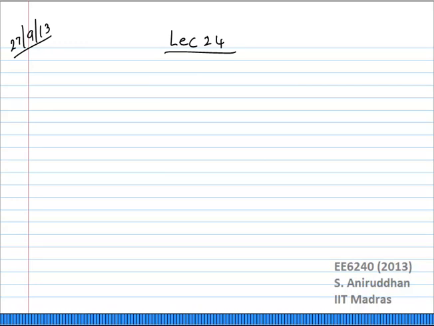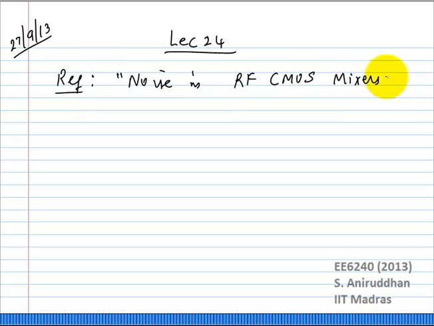So the reference for all of this noise analysis is "Noise in RF CMOS mixers, a simple physical model."